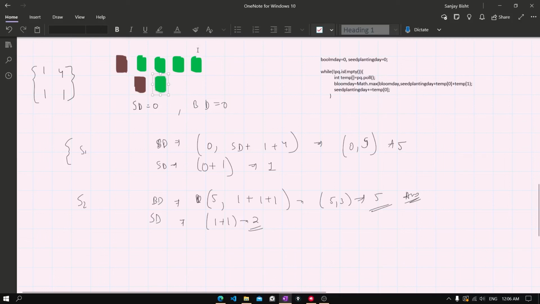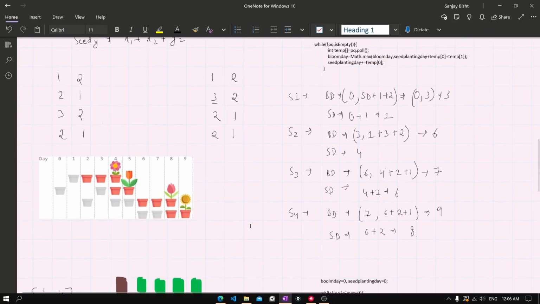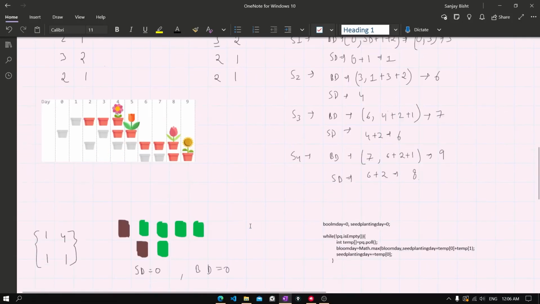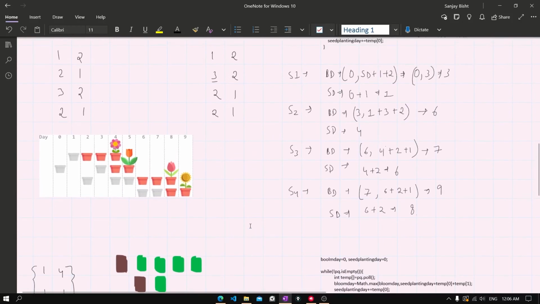It finishes on the third day, you can see here, which is before this one. We take the maximum of these two, which is 5, and the answer will be 5 also. After that we update the seed planting day. Let's look at one more example and we'll understand it better.